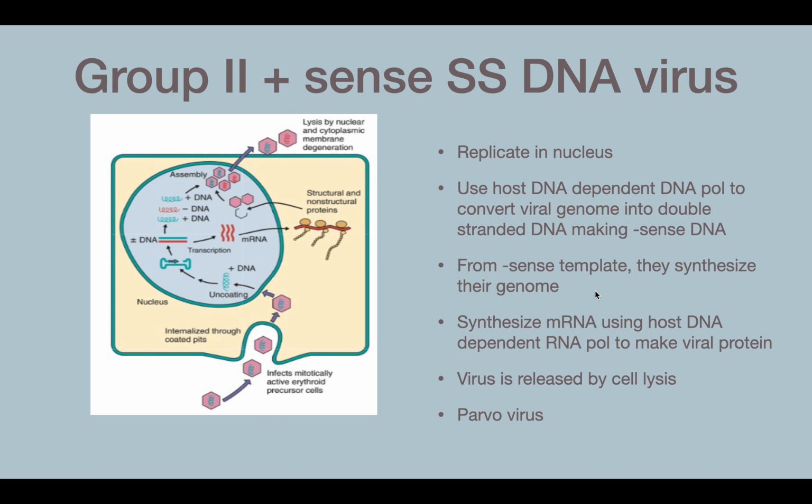It's going to use the host DNA-dependent DNA polymerase to make its negative sense template, and then from there it's going to make the new positive sense replicates. So those are going to be packed in with the viral proteins and make new virions. So the example is parvoviruses. They do that.